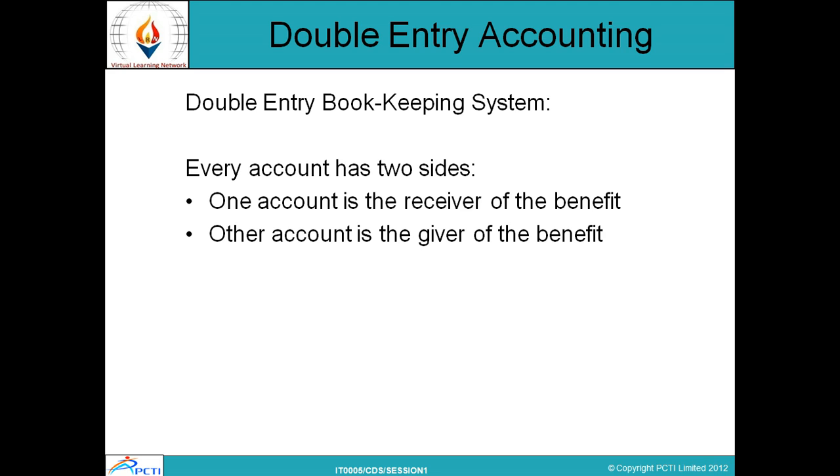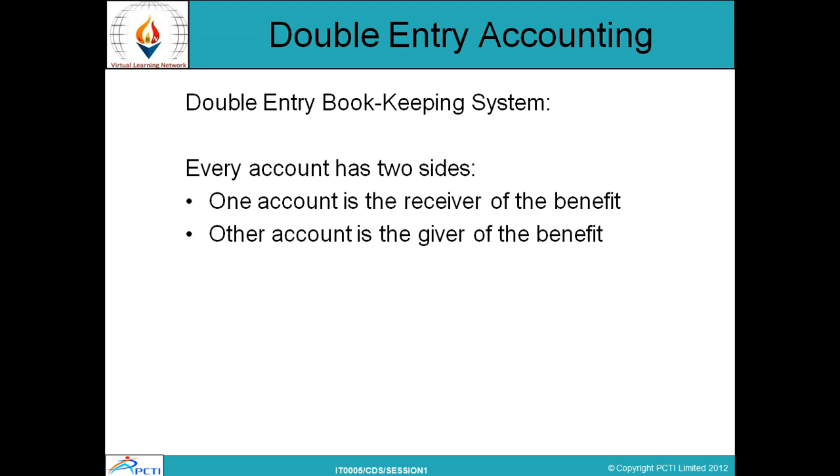So one account is the receiver of the benefit and the other account is the giver of the benefit. So person one is receiving, the other one is giving. The person who is receiving will record on one side of the books of account and the person who is giving will record on the other side of the account, right? That is what we are talking about, double entry system.